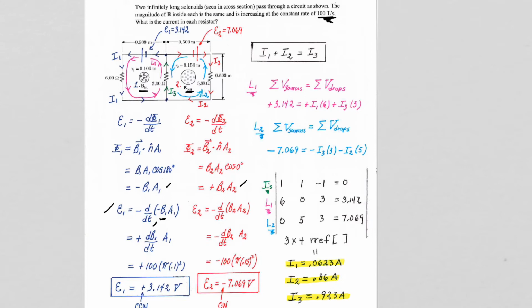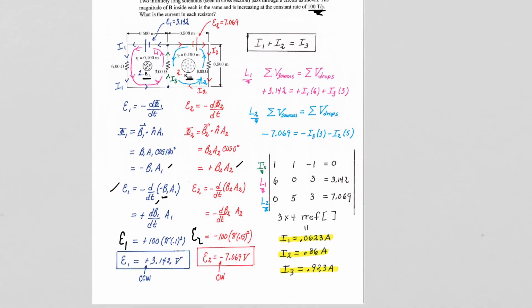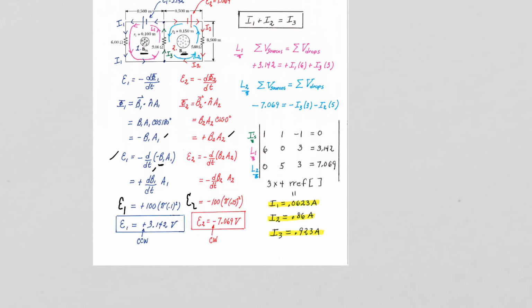So we have values for E1 and E2 based on the numbers we were given to work with: the areas, pi r squareds, and the 100 Teslas per second. So that's where numerically my induced voltages came from.